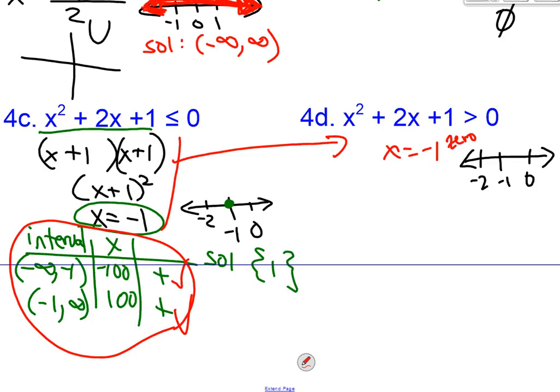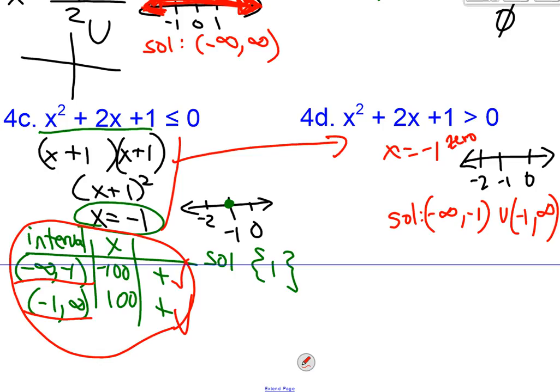Yes, in the old days we would do the open circle, but now we're doing it with the parentheses. So here's what this one would look like. First, I'll write the solution, because both of these intervals work. Do you all agree with that? The solution in interval notation is -infinity to -1, union -1 to infinity.